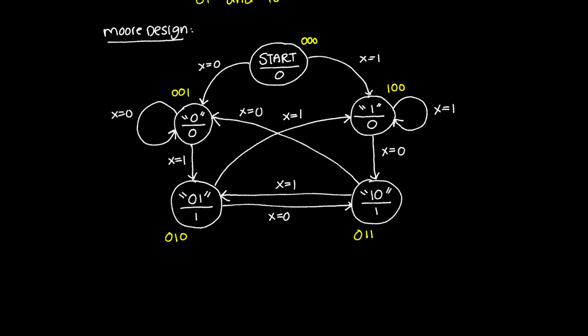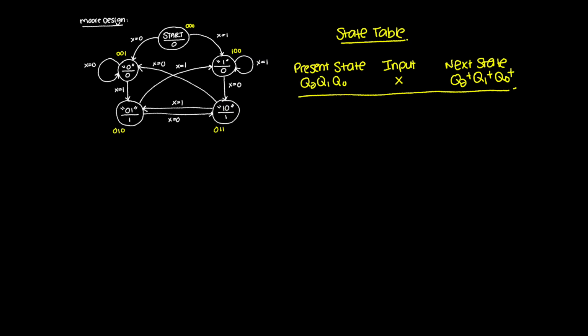Now I'm not going to write the full excitation table for you, but at least I will show you how to do the state table. So let's do that. Okay, so I started drawing my state table, and again, a state table is just an excitation table without my control inputs, because I'm assuming you know how to do that already, but I want to get you started on the state table. Over here, I have 3 bits to represent my present state.